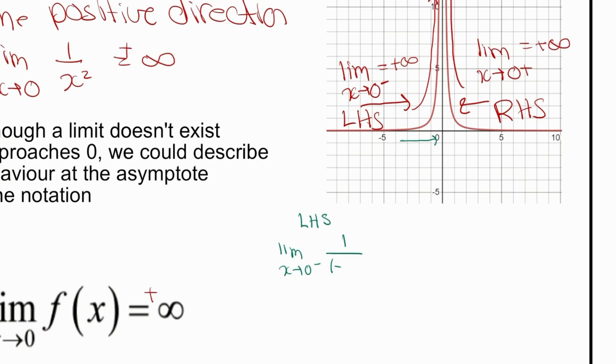So I'm going to choose negative 0.01, and that's going to be squared. Negative 0.01 is the value that I chose. Well, that's going to give me 1 over 0.0001. And if I divide that out, that's going to give me 10,000.